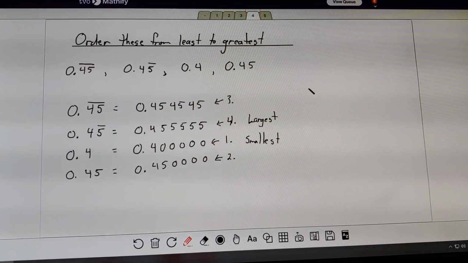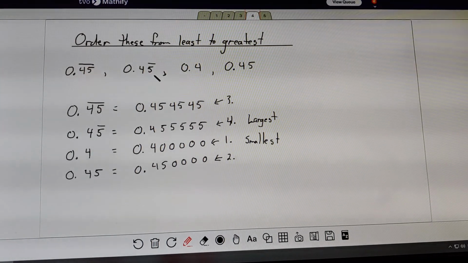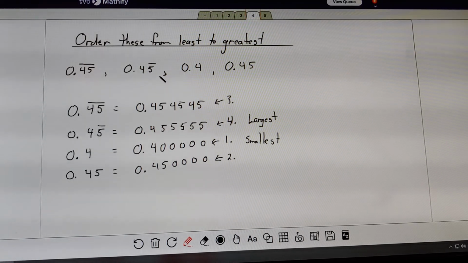Another skill, giving you a bunch of decimal numbers, some terminating, some repeating, and we're being asked to order them from least to greatest. So I just wrote them out again down the side. So 0.45 repeating. Let's write that out as it appears.